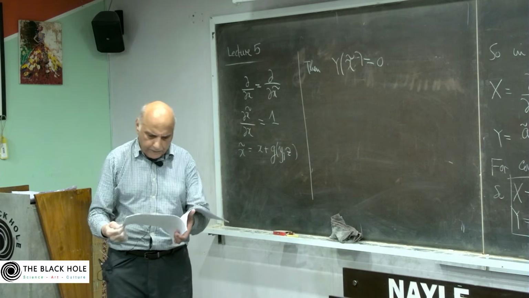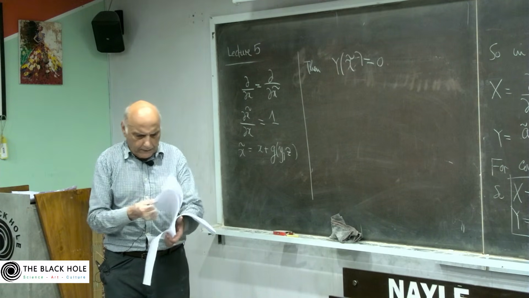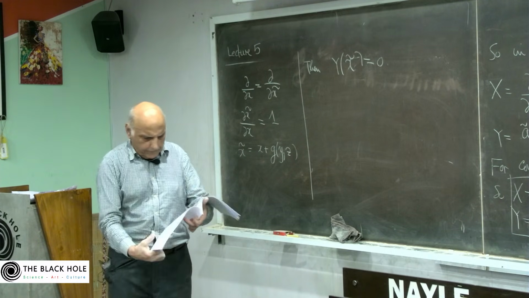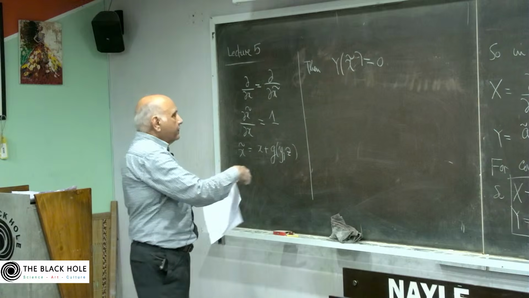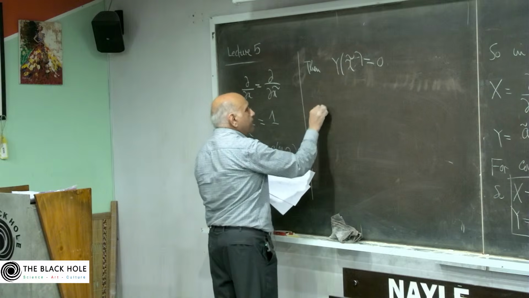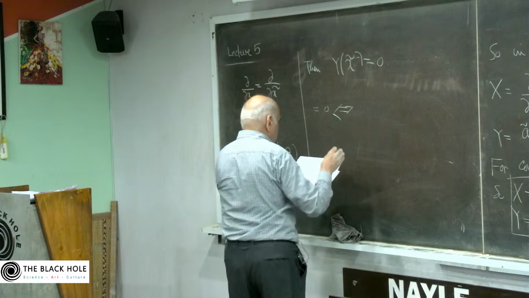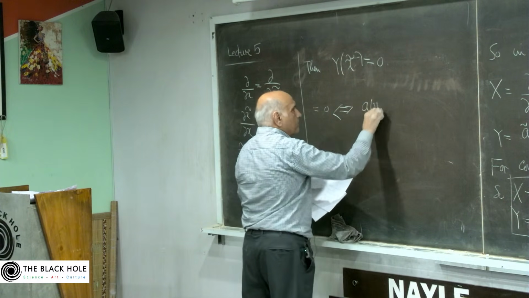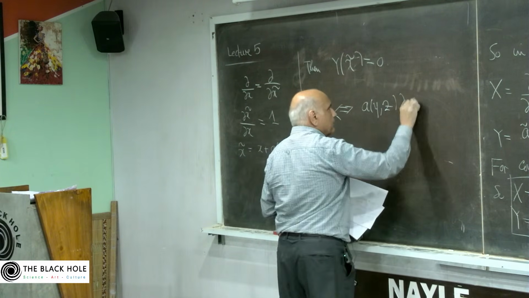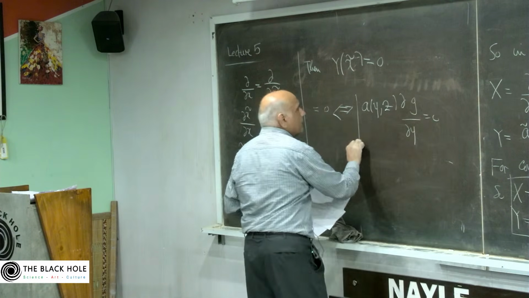So okay, just to save time, this is 0 if and only if a(y,z) plus partial g by partial y is equal to 0, right?